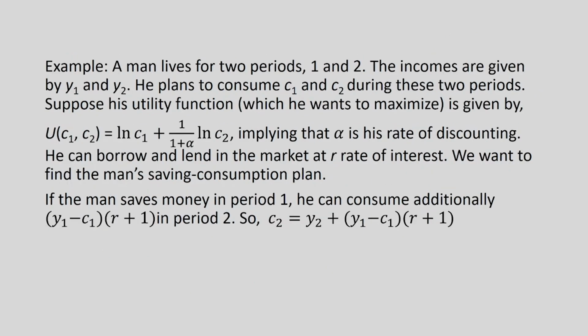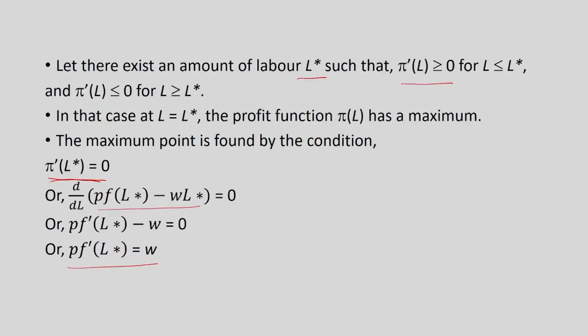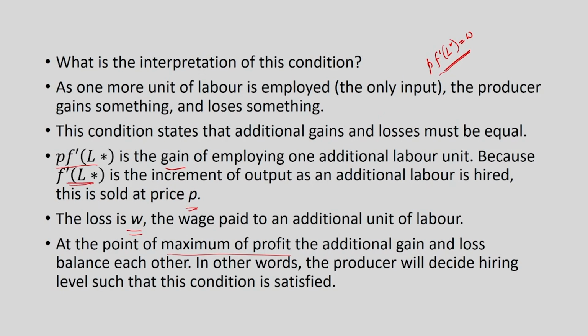Okay, here is another example from economics. So, here we have shown that if this first derivative condition is satisfied, that before this L star the function f dashed is giving us positive or weakly positive values, and after this L star the f dashed is giving us weakly negative values, then at L star the maximum is reached, and the maximum can be found by this method.